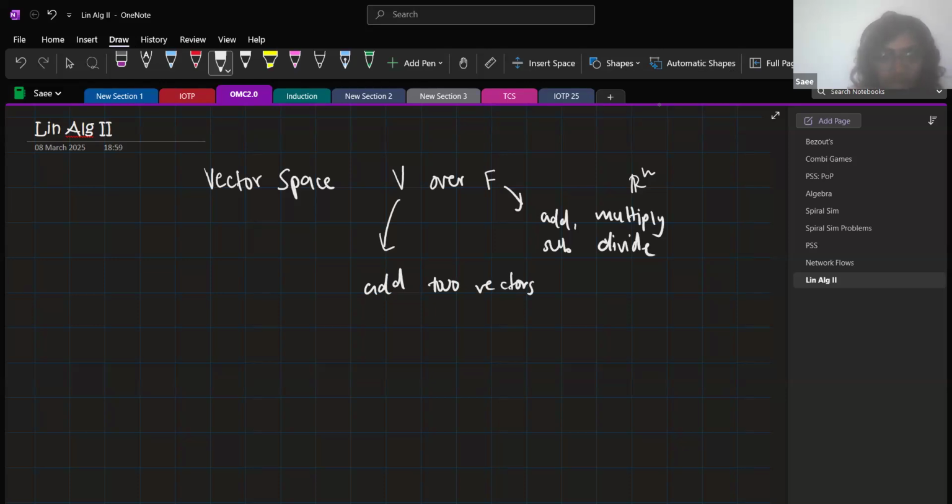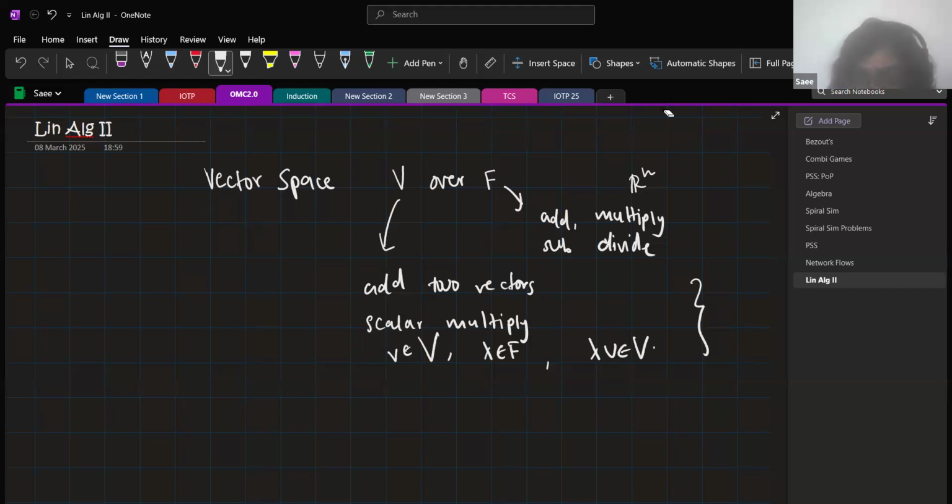Instead, you have a scalar multiplication, meaning there should be a well-defined way of multiplying a vector v in V by a lambda in F, and then lambda v should also be in V. Those are the main things that a vector space should satisfy.